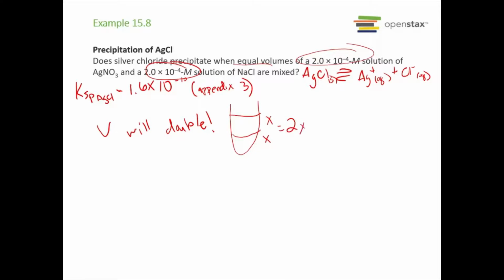So now our concentration will go down by half, because we've doubled the volume. So now your 2.0 times 10 to the negative fourth, that's moles per 2 liters now.